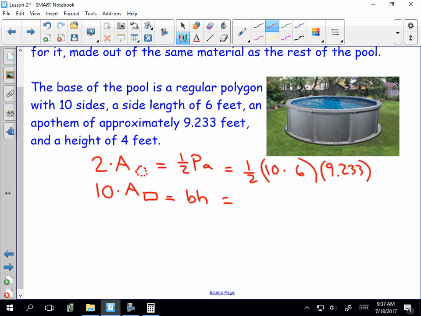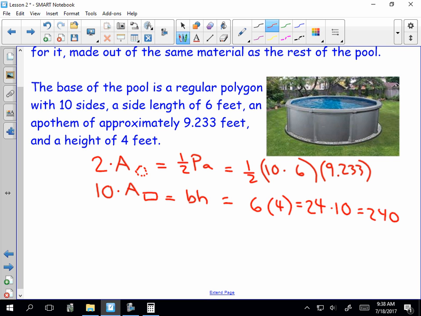And when we look at our rectangles, the base of the rectangle is 6 with a height of 4. So we have an area of one rectangle of 24, times the 10 rectangles gives us 240 for what we call our lateral area, the area that wraps around the outside of this polygon.